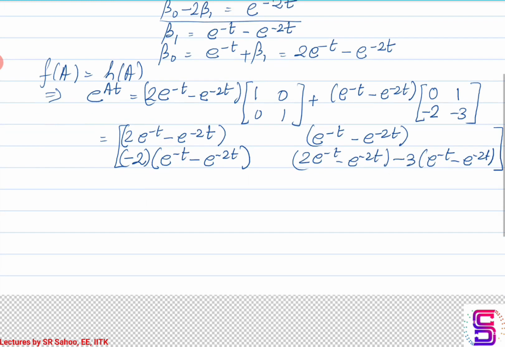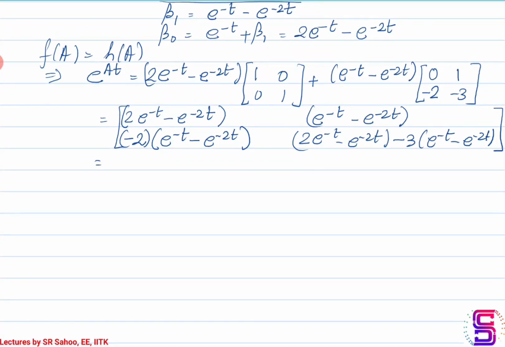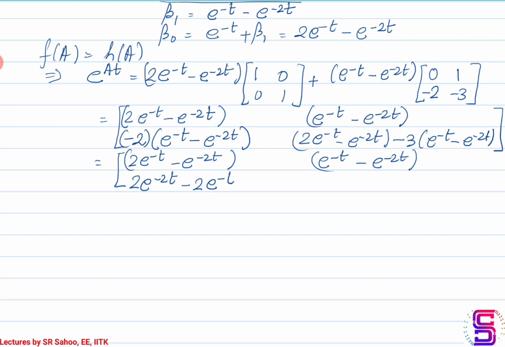I think we can solve this a little further and express it as 2 e power minus t minus e power minus 2t. So for the first and second components, there is nothing really to solve. In the third component, I can write it as 2 e power minus 2t minus 2 into e power minus t.